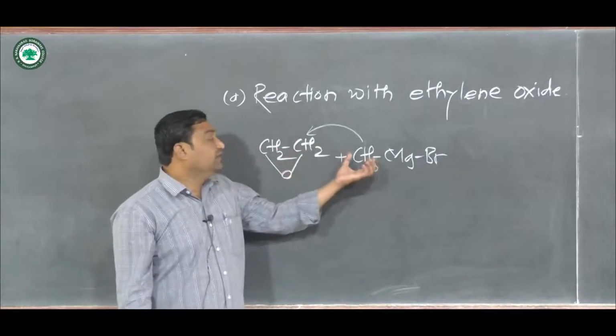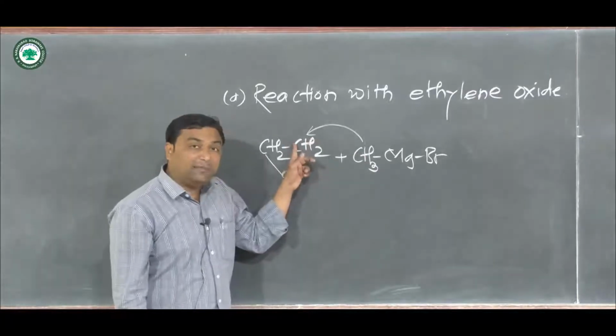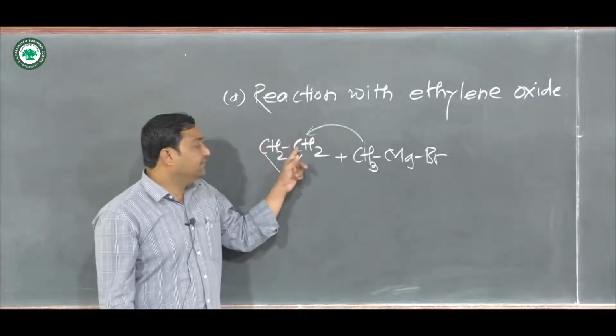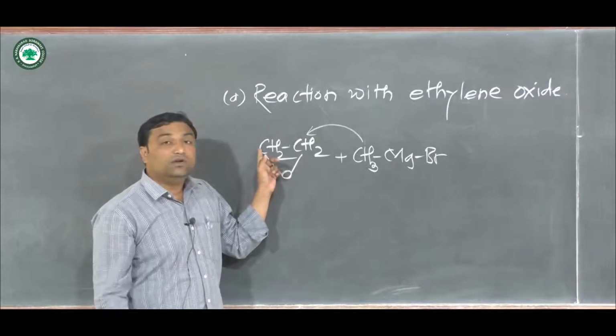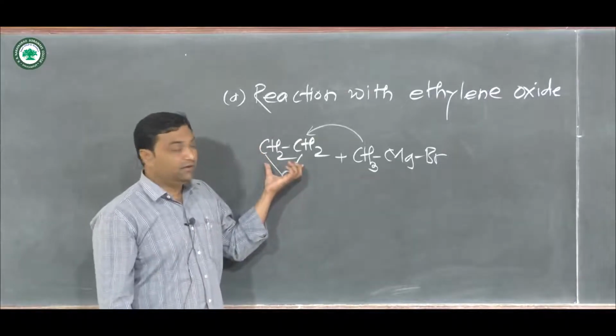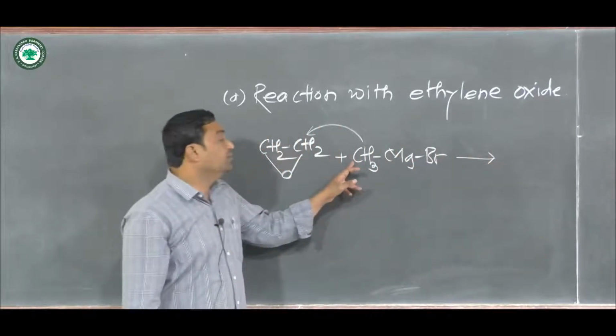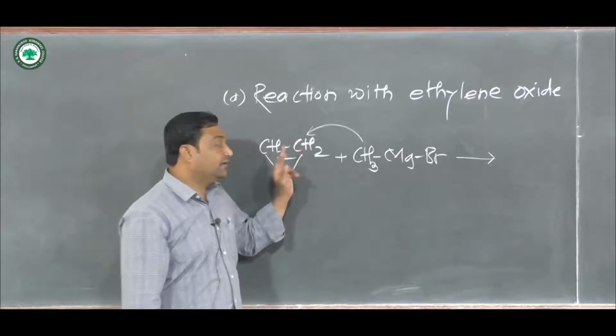That's why this nucleophile will easily attack one of the carbon atoms of this CH2 group, to relieve the ring strain. When this happens, this CH3 group adds on this carbon atom.